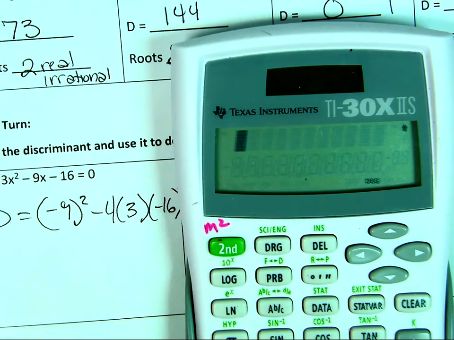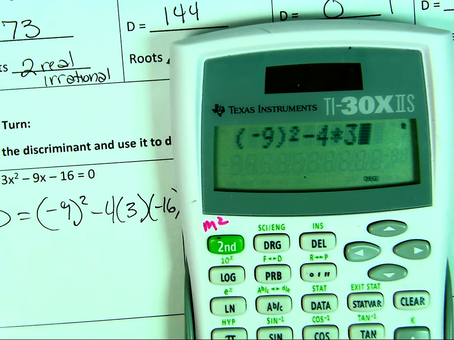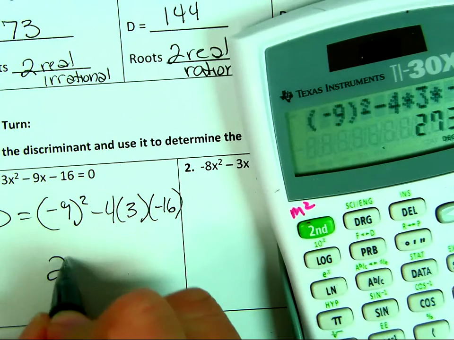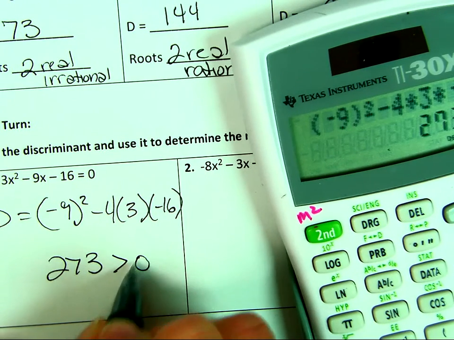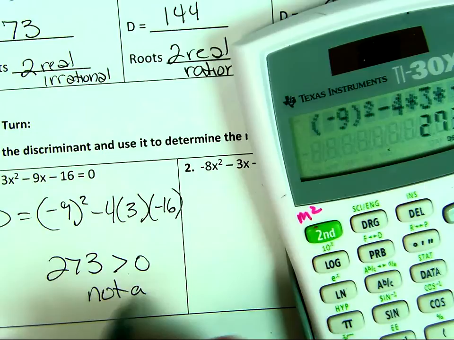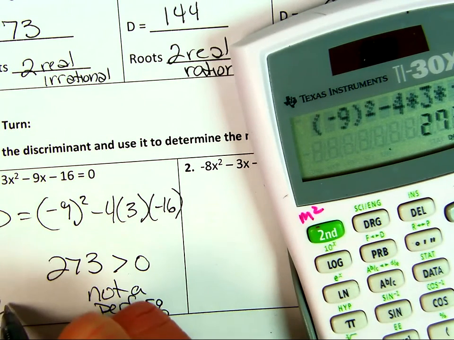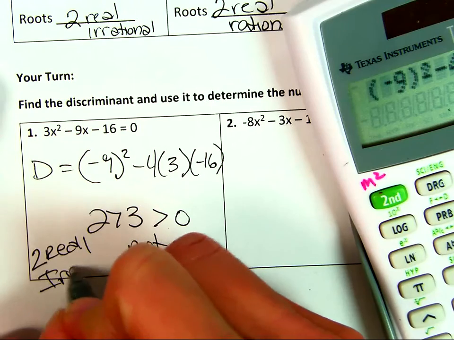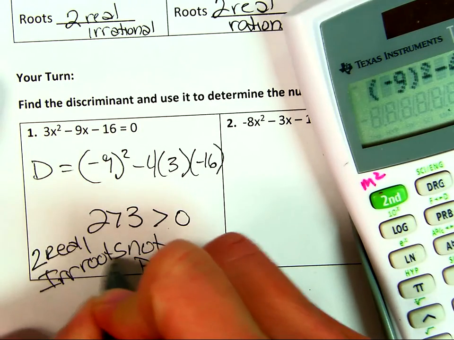So I'm going to put parentheses -9 squared minus 4 times 3 times -16. I get 273. Well, 273 is greater than 0 and not a perfect square. That means I have two real irrational roots.